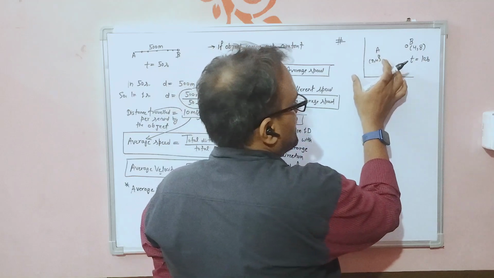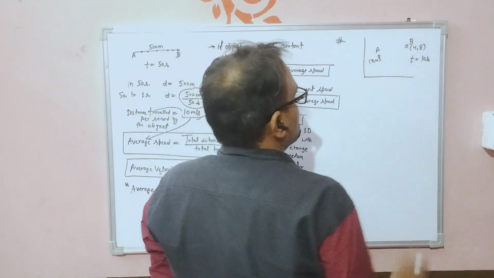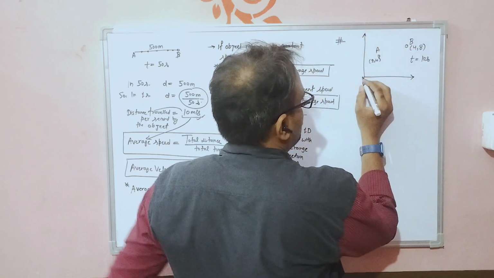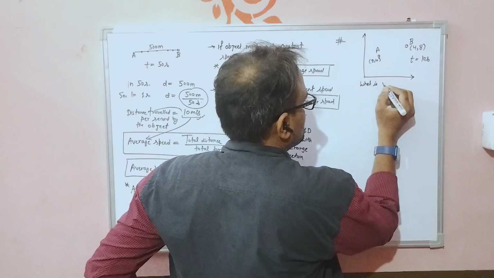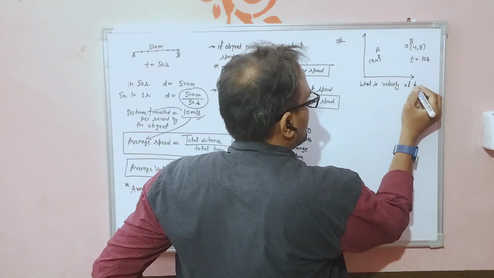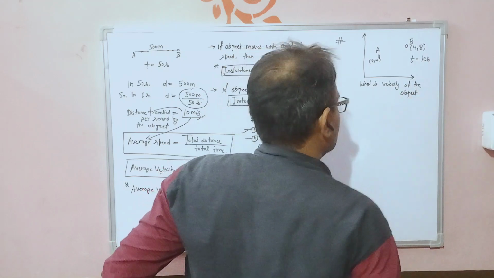These are the Cartesian coordinates of the initial and final positions, right? Now what I want to determine is the velocity of the object. Okay, what is the velocity of the object?